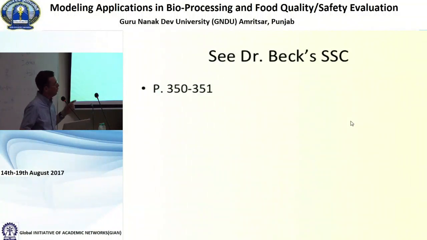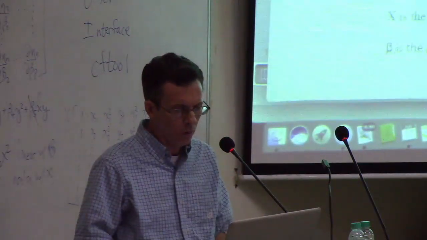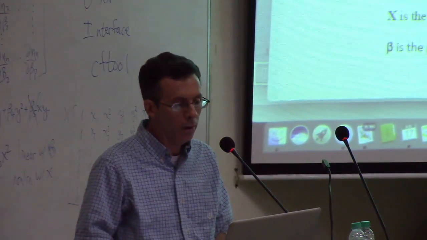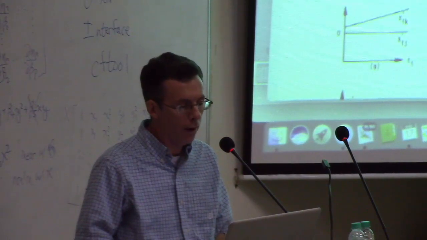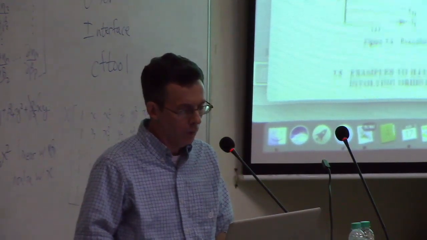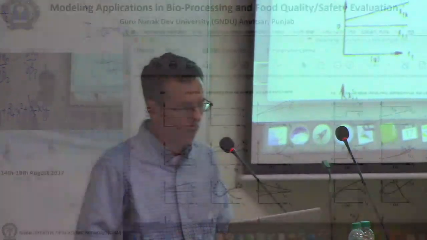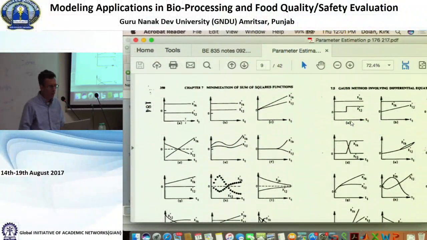Okay, now I want to show you some examples of scaled sensitivity coefficients. These are all on the Google Drive. So I'm going to show you this one. Okay, let's look at the left.